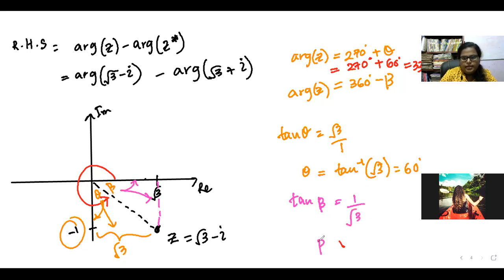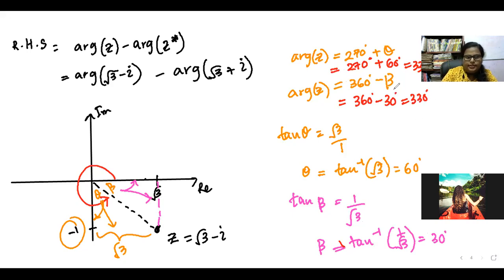So beta is tan inverse 1 over square root 3, which equals 30 degrees. Then arc Z is 360 minus 30, which also gives the same result, 330 degrees. So we have found the arc Z value as 330 degrees.